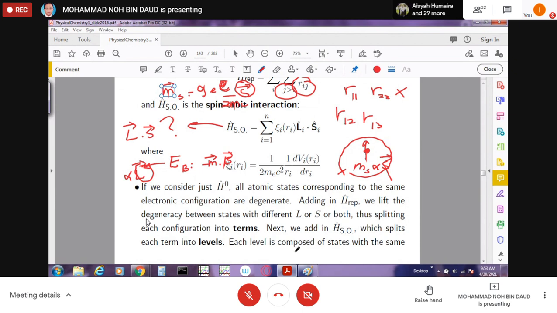And we know from the previous lecture, J, the total electronic angular momentum vector, is the sum of these two vectors, also depending on the relative orientation of L and S. So the spin orbit interaction energy depends on the J quantum number.